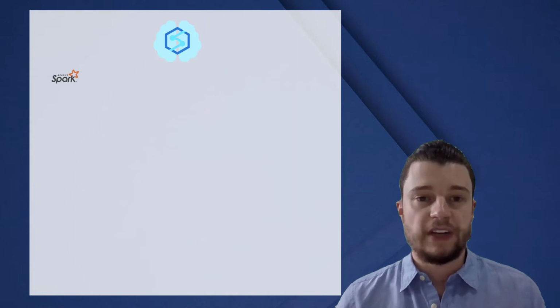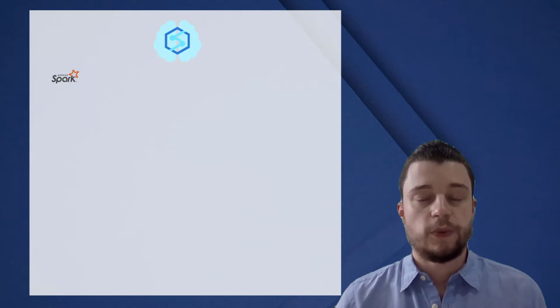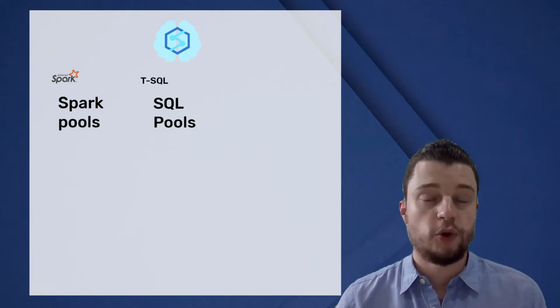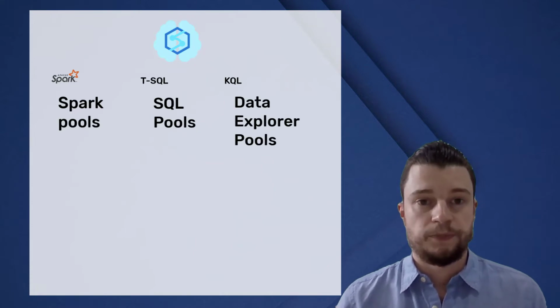The first area is Apache Spark related, and that's the Apache Spark pool. The next one is the T-SQL side of things, and that's called the SQL pool. The last part of the brain is the KQL or Kusto Query Language part, which is the Data Explorer pool. Those are the 3 parts of the brain, and let's talk about each one and what the choices are that you're going to have to make.